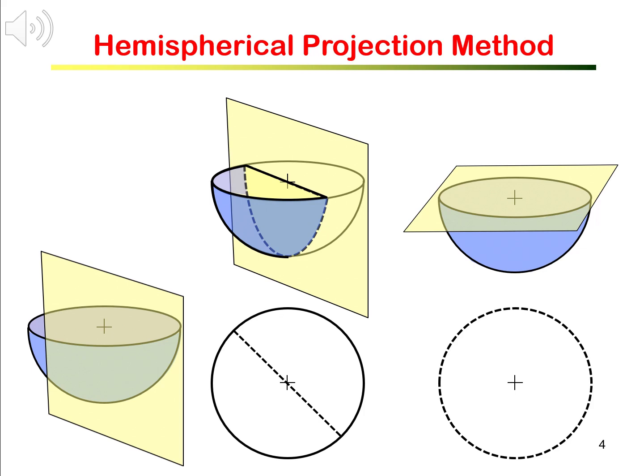So the projection on the horizontal plane is the full circle. It shows that a horizontal plane by hemispherical projection is represented by the circumference of the circle on the plane.